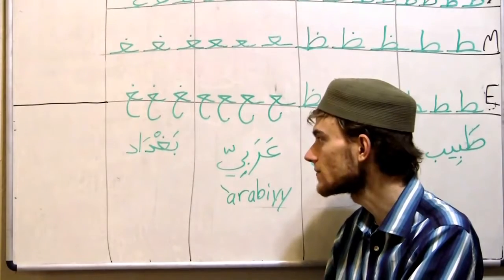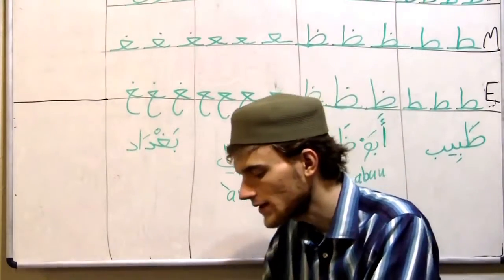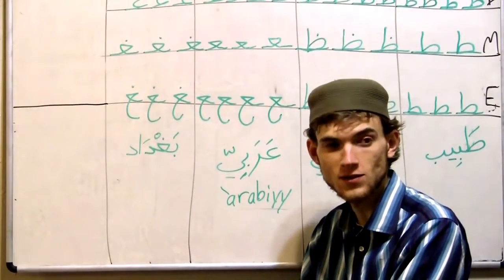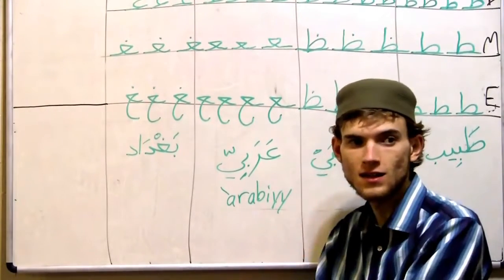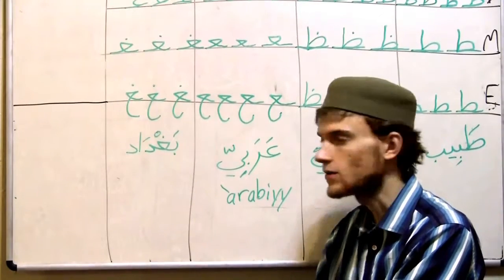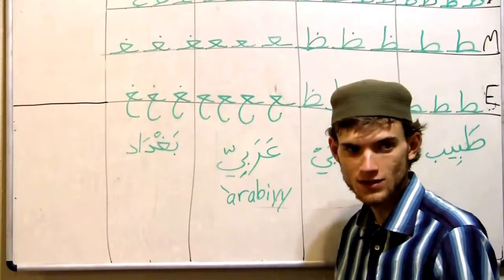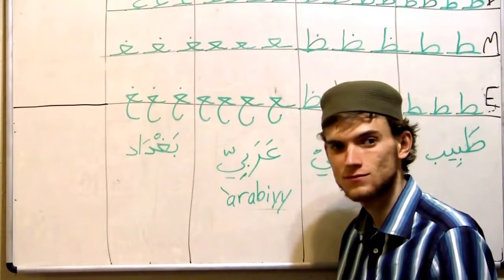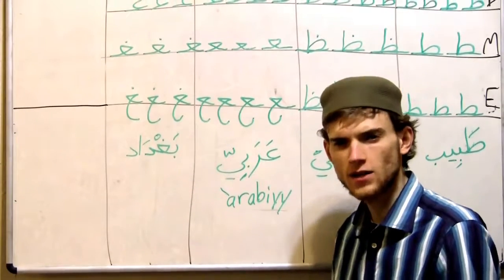Right. Capital of Al-Iraq. Notice that in Arabic too, Iraq begins with an ayn. Al-Iraq. Now I'm not going to write that because we haven't learned all the letters in that word, but that's how it is. Okay. Any questions about this?